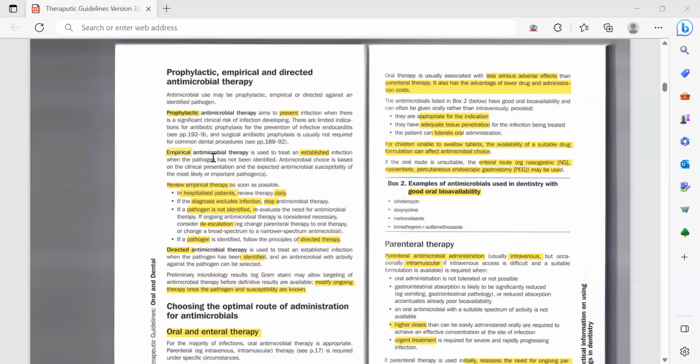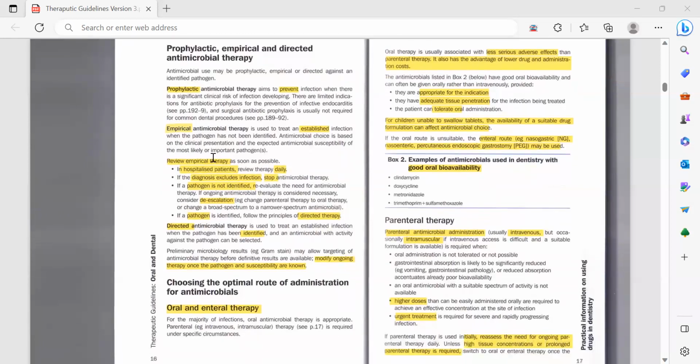Then the empirical therapy. It means that the patient has an established infection, but the pathogens have not been identified. You do not know which pathogens are causing the infection, like gram positive, gram negative, anaerobes, aerobes.